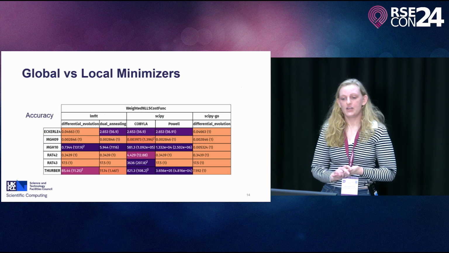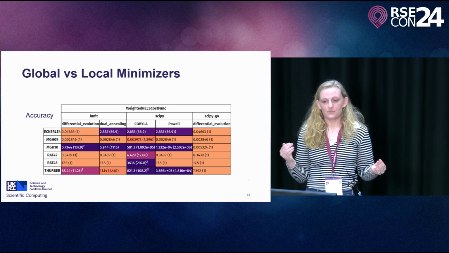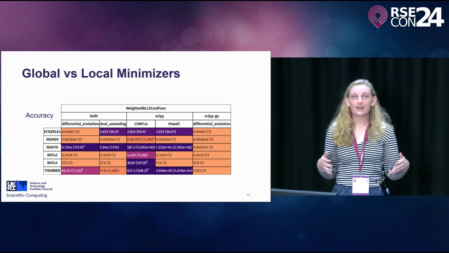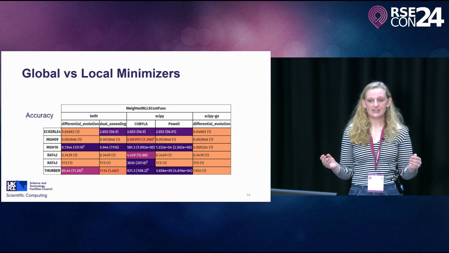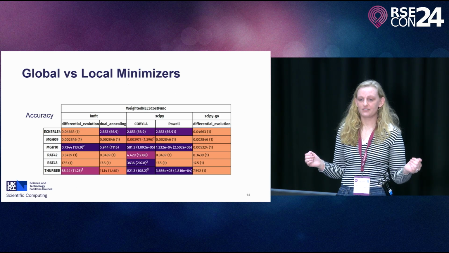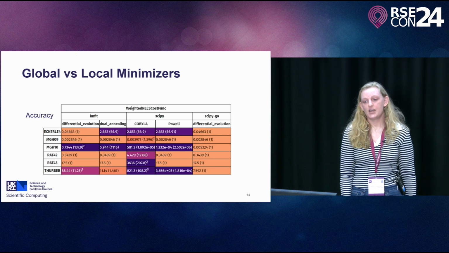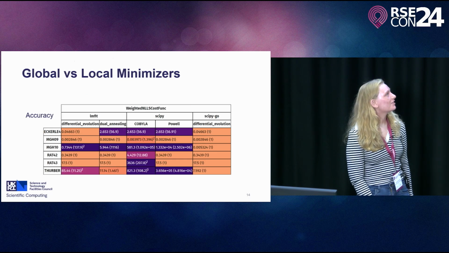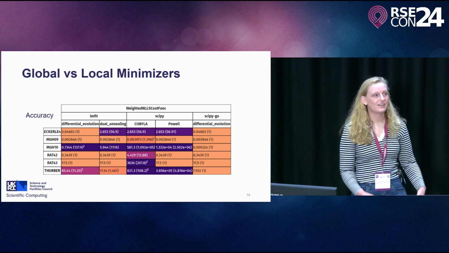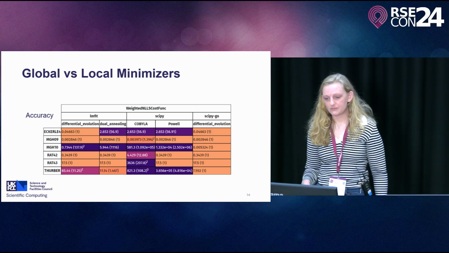So then an example of how you maybe could get a bit more insight from having the emissions table. With optimization algorithms, you can get global and local minimizers. Global minimizers are generally more accurate at finding the true minimum of a function, but they do take longer to run. And local minimizers tend to be fast, but you can't guarantee that you'll get the minimum that you're looking for.